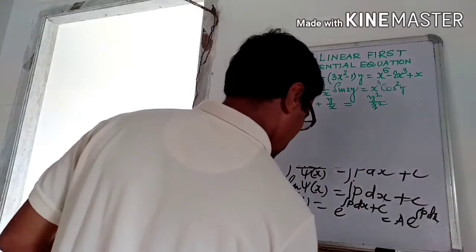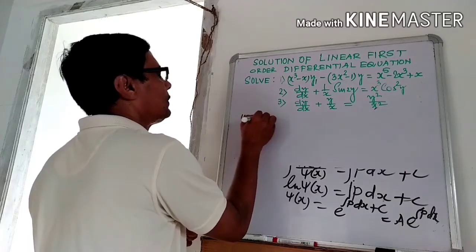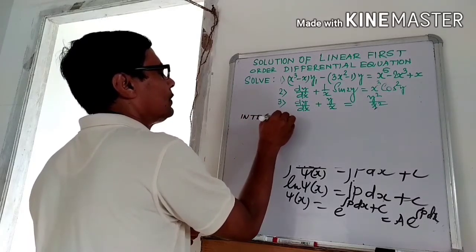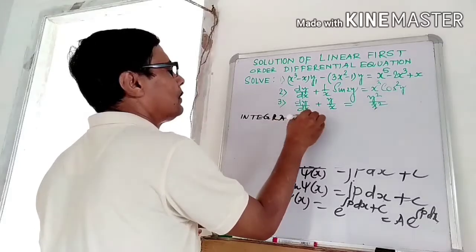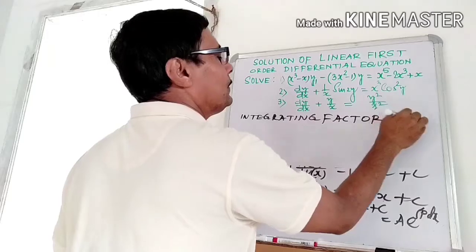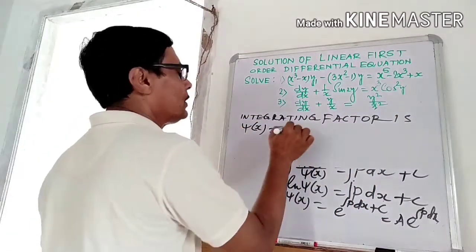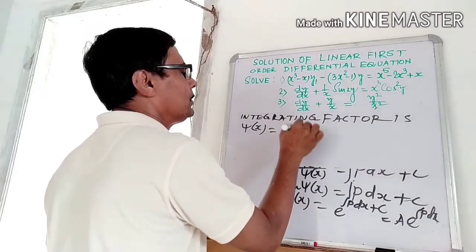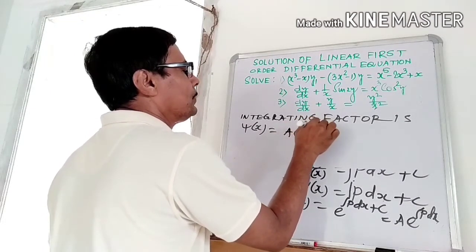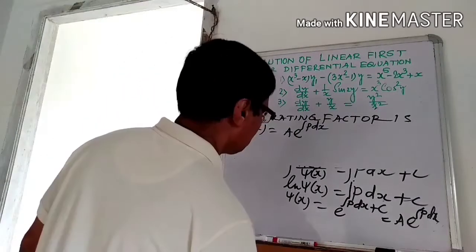The integrating factor is psi(x) = a e to the power integration p dx. This is called the integrating factor.